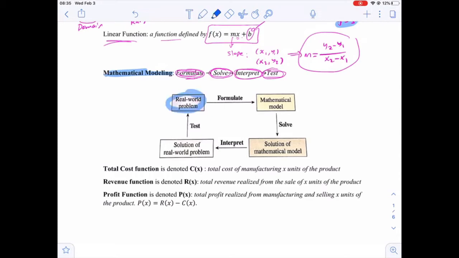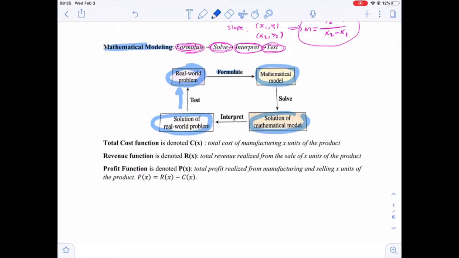So we start with the real world problem, then we formulate it as a mathematical model, then we solve that model, and then we interpret it as a solution of the real world problem. After that we test that value to check if it's correct or not.